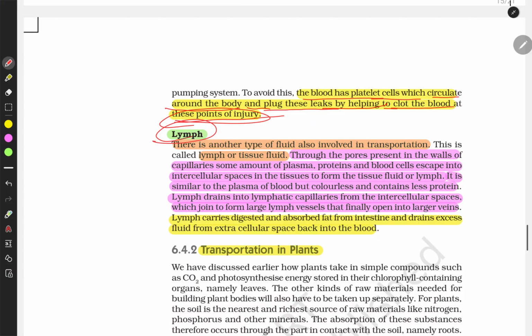What is lymph doing? There is another type of fluid involved in transportation other than the blood, and this is called lymph or tissue fluid.